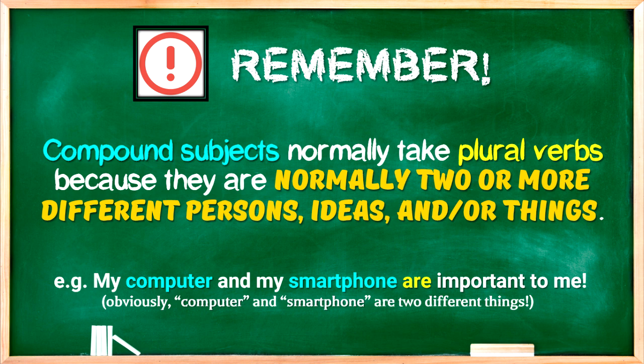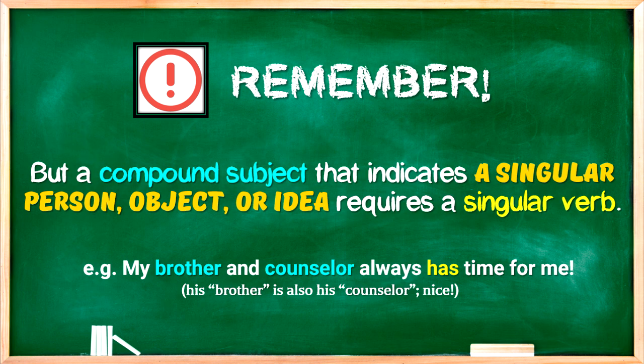Remember, compound subjects normally take plural verbs because they are normally two or more different persons, ideas, and/or things. But a compound subject that indicates a singular person, object, or idea requires a singular verb.